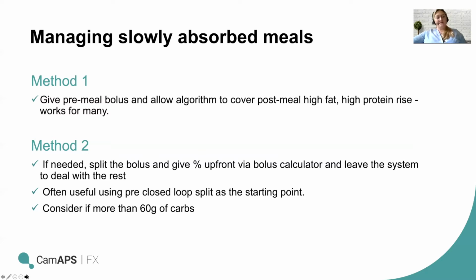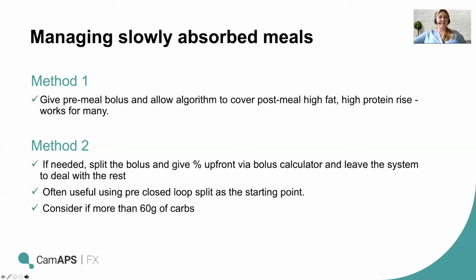If you think, no, that doesn't really work for me, I either dip initially or stay slightly higher afterwards for a period of time with the system really battling to keep on top of the additional carbs as they come through later, you can split that bolus initially and give a certain percentage up front in the bolus calculator.